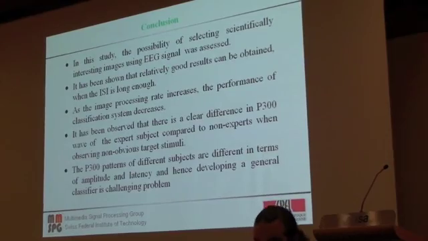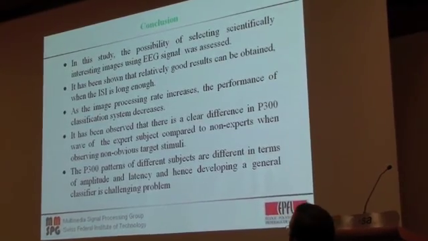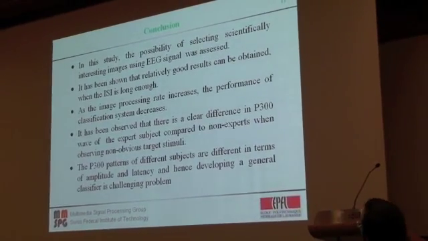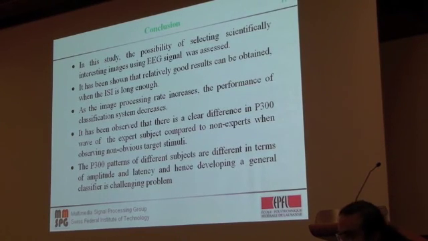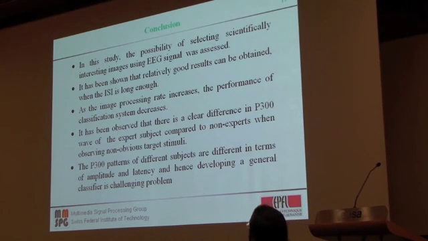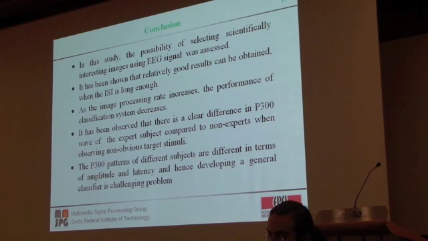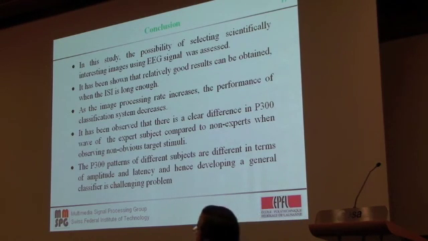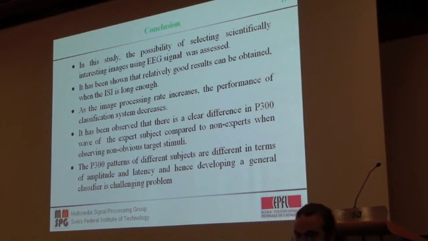So the conclusions: we studied in this project the possibility of selecting scientifically interesting images using EEG signals. To this end, different interstimulus interval values were explored, and it was seen that as the image presentation rate increases, the performance degrades.